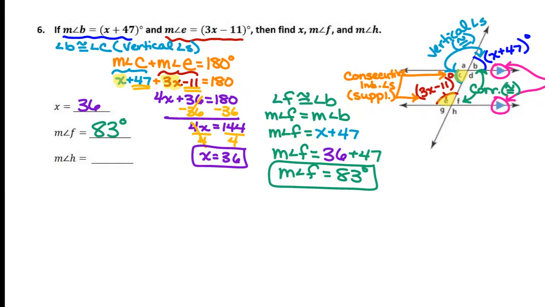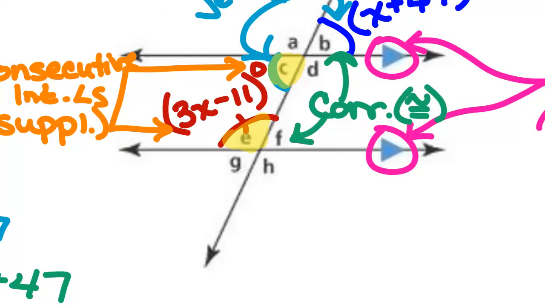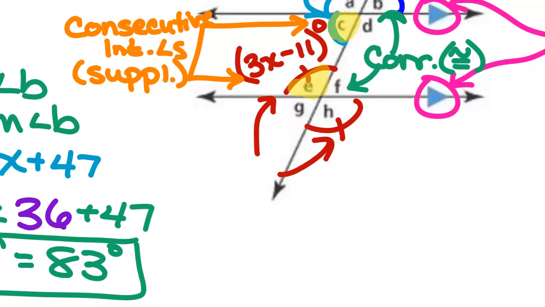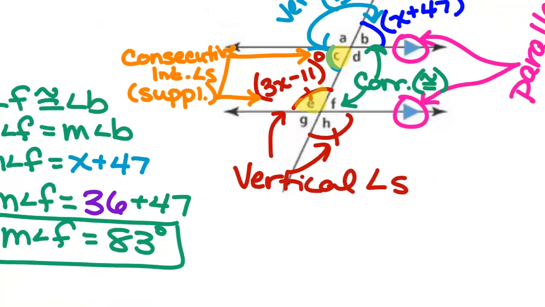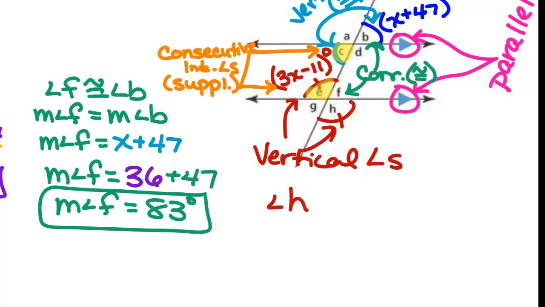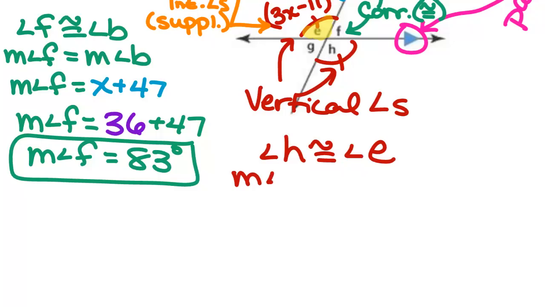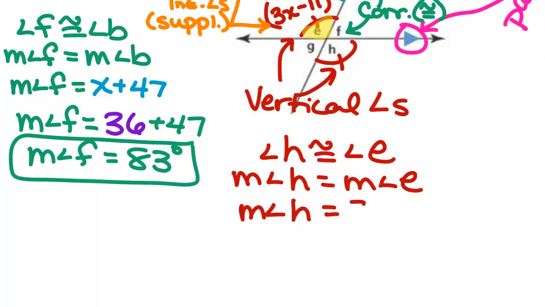Then we also need angle H. What else is the same size as angle H? Angle E. Those are vertical angles. Angle H is congruent to angle E. So the measurement of angle H equals the measurement of angle E. Measurement of angle H then would be 3x minus 11.